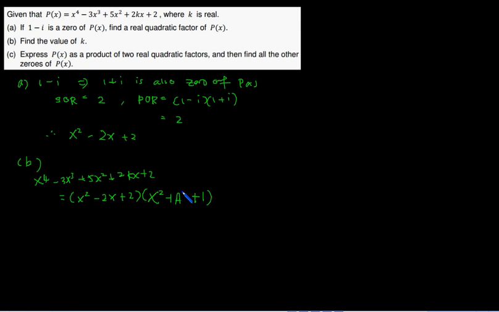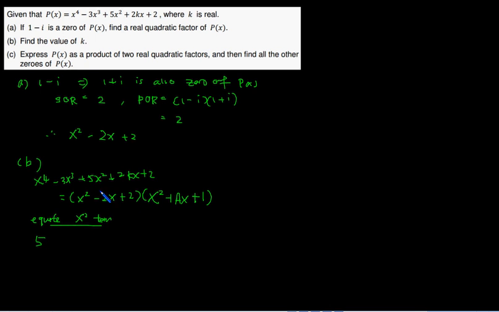What we do not know is the x term, so let's call it ax, and by equating the x squared terms, I think that will be useful. The left hand side x squared coefficient is 5.